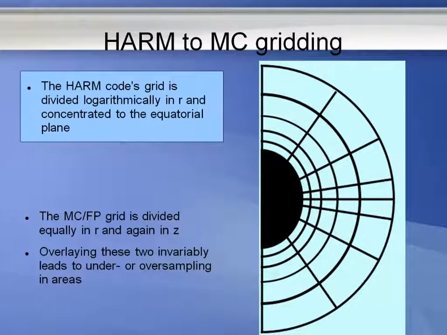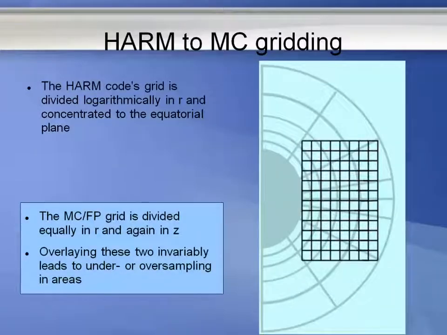Now, just to give a depiction here of the two different grids for these codes, what I have shown here on the right is an exaggerated example of the HARM code grid. You can see that it's spaced radially and angularly with zones more tightly concentrated toward the equator and toward the horizon.